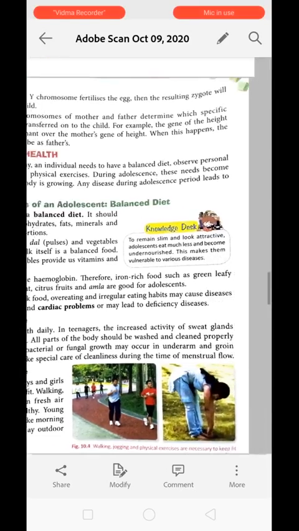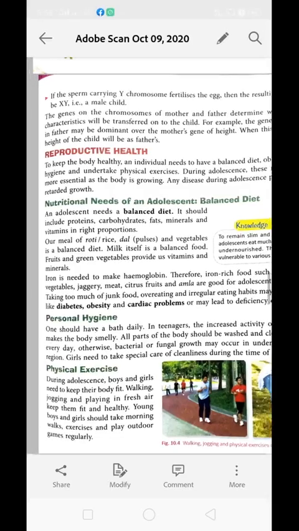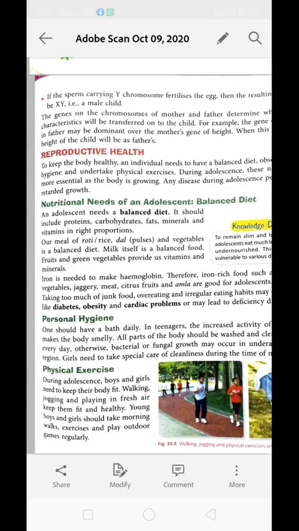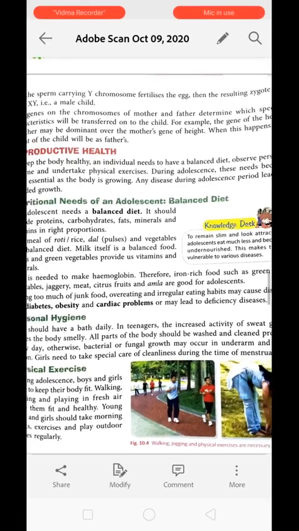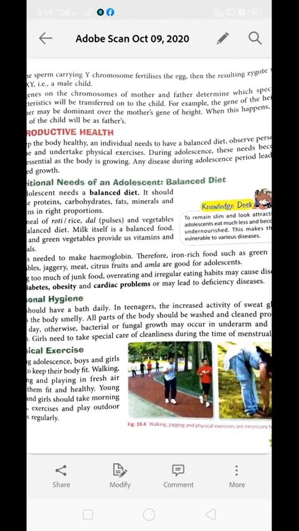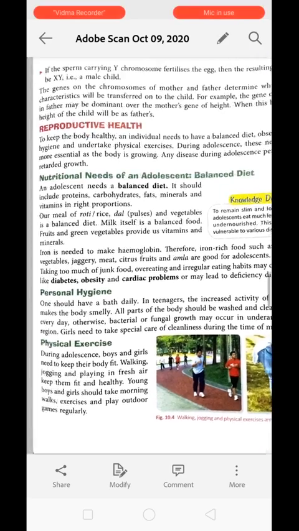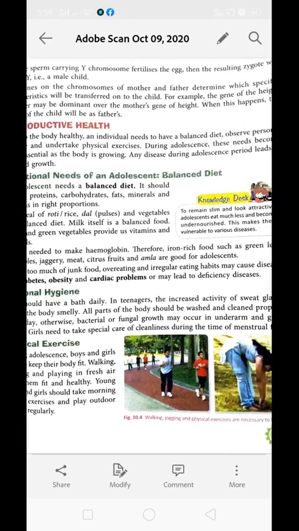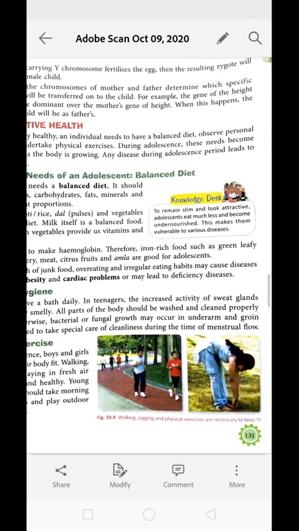The increased activity of sweat glands makes the body smelly. All parts of the body should be washed and cleaned properly, otherwise bacterial and fungal growth may occur in the underarms and groin region. Girls need to take special care during menstruation so that they do not get any kind of infection as well. You will write this paragraph.